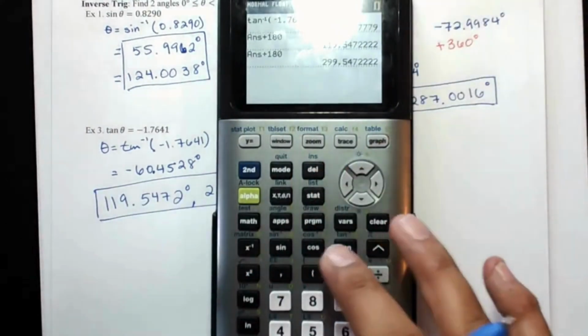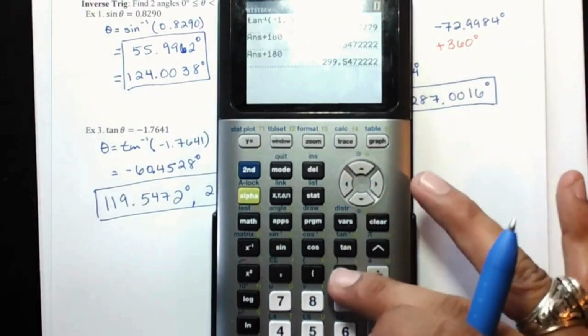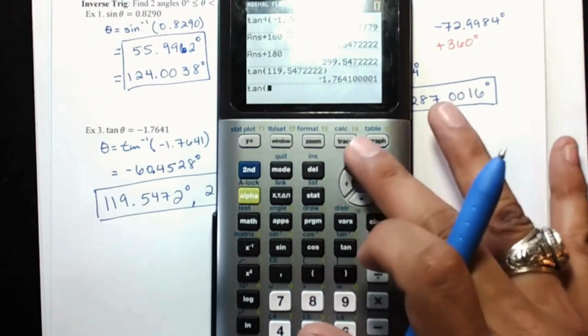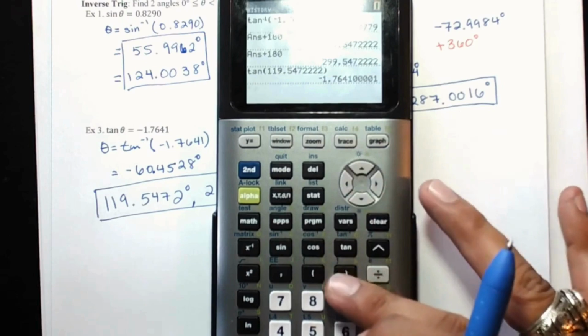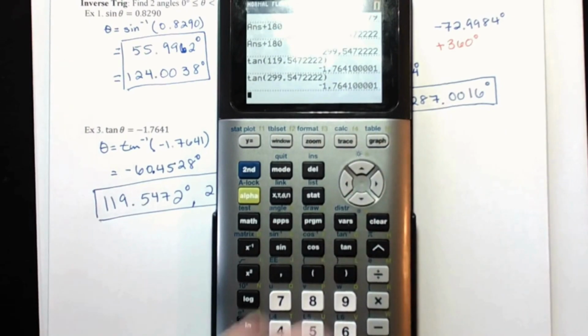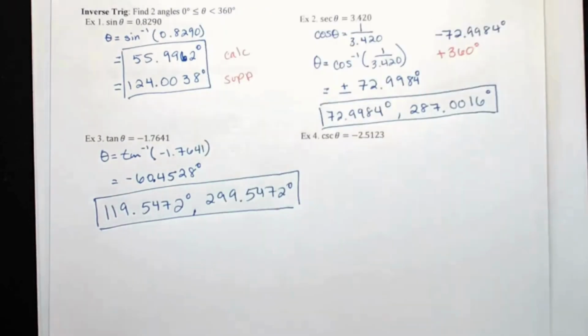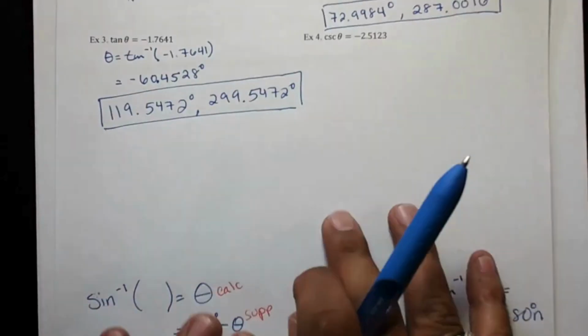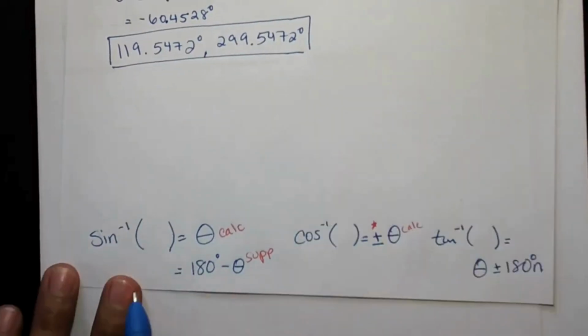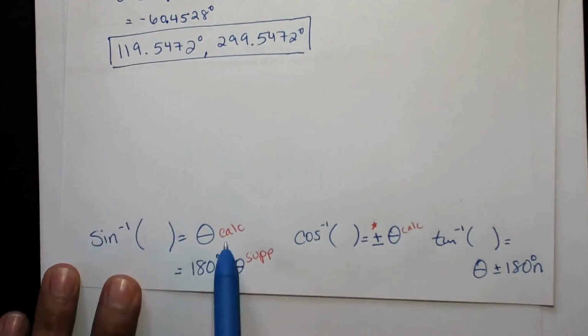And again, you can check your work, tangent of that and tangent of that. Pretty close to the ratio that we gave you. Now again, we can talk about y and all that stuff, but really you just need to know the rules. When you're using inverse sine, you get what the calculator gives you, and then you figure out its supplement.